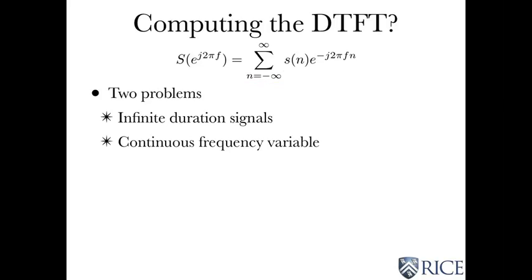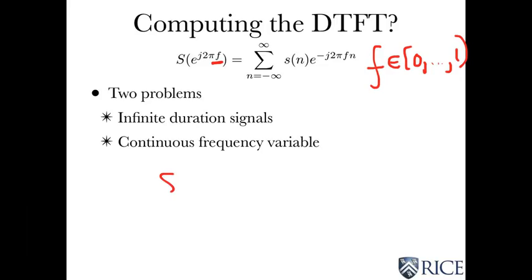But there's one that's a bit more subtle and a bit more interesting, and that is that f is a continuous variable. f, of course, as we know, is in the range 0 to 1, and we would have to calculate this spectral formula for every possible value of f in that interval. And the question is, why do you have to compute them for all of them? And the reason is the inverse transform.